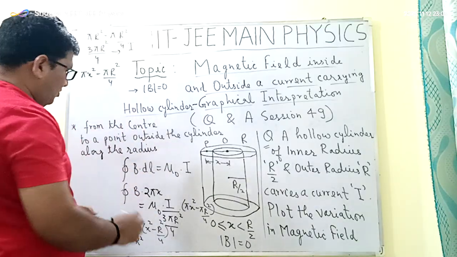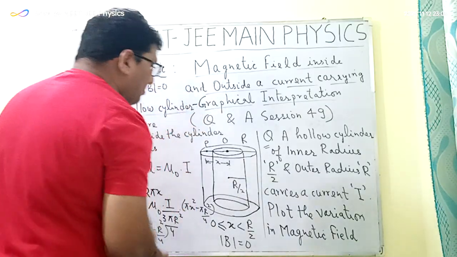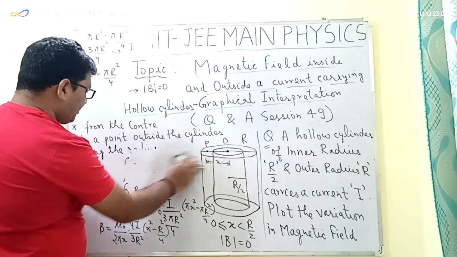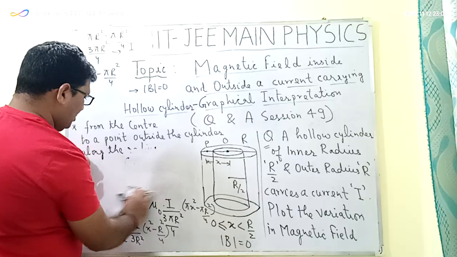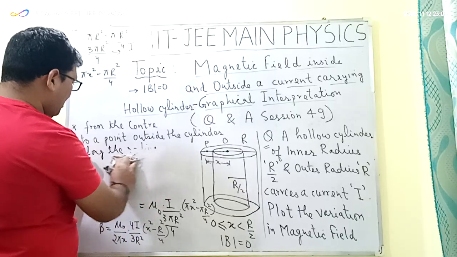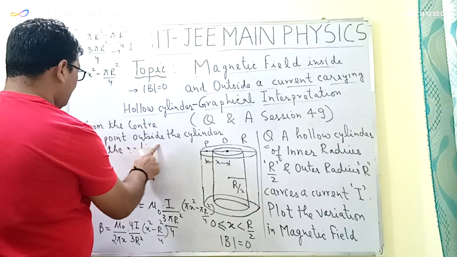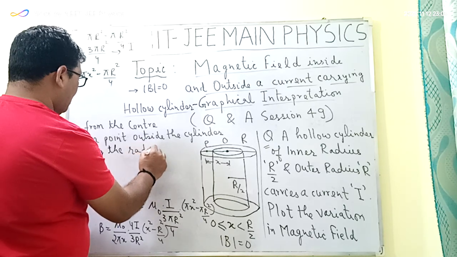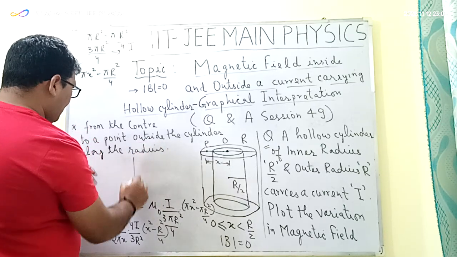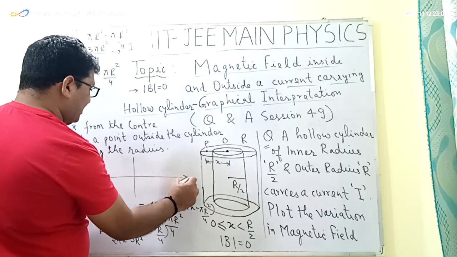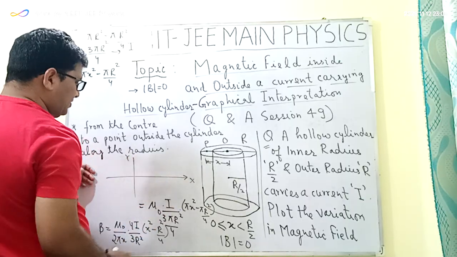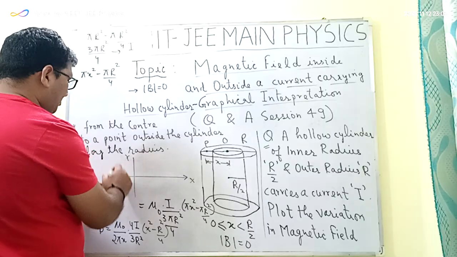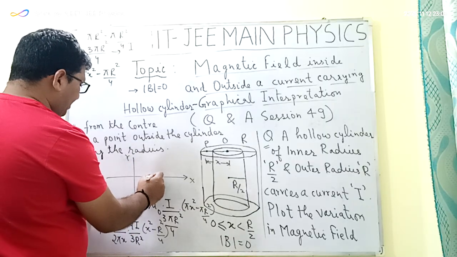So for the second case, now I will be plotting the variation in the magnetic field. So this is the x-axis, this is the y-axis. On the x-axis I will be plotting the distance, and on the y-axis the value of magnetic field.